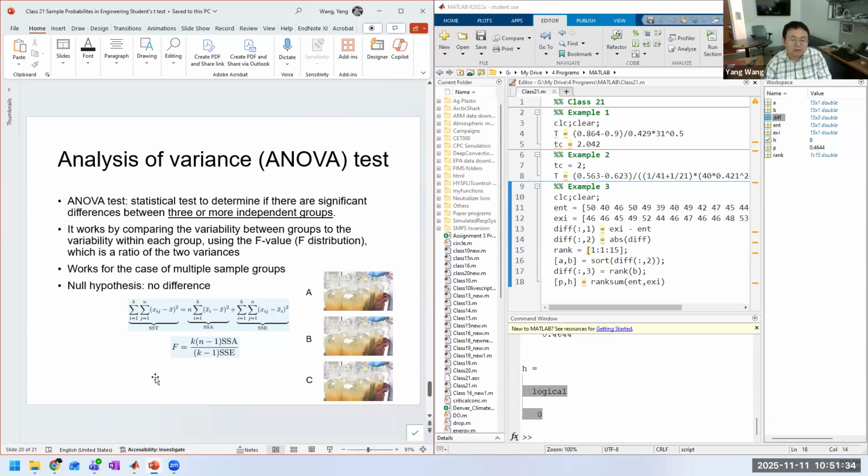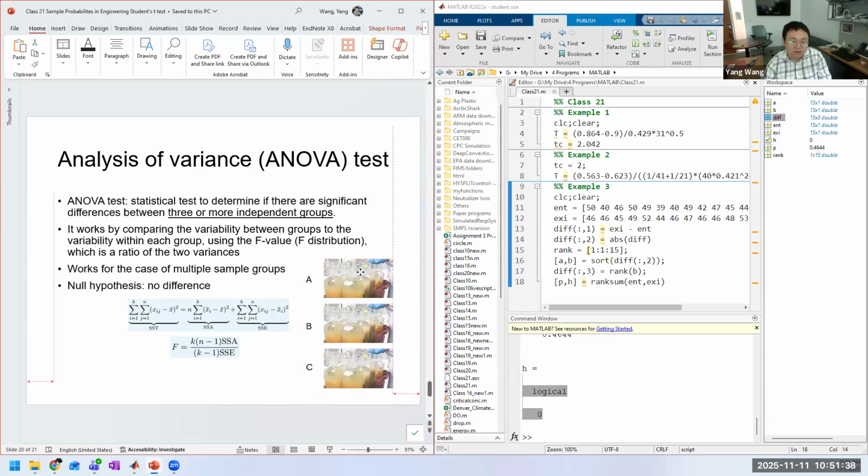Especially, if we do certain experiments in different batches, for example a set of experiments today and a set tomorrow, and they're independent groups, we want to make sure there are no differences in terms of time, or between students.